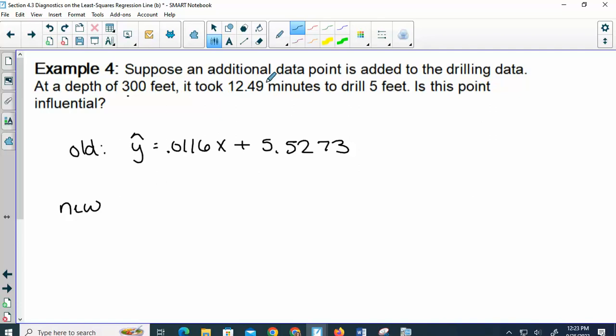So now let's look at the regression line. What does it become? Plus 4.4433.